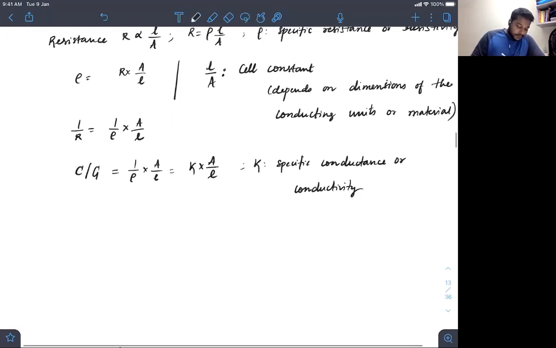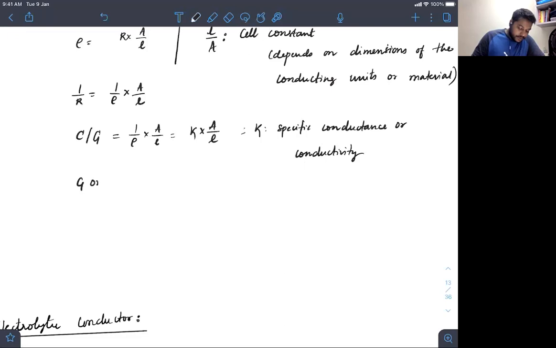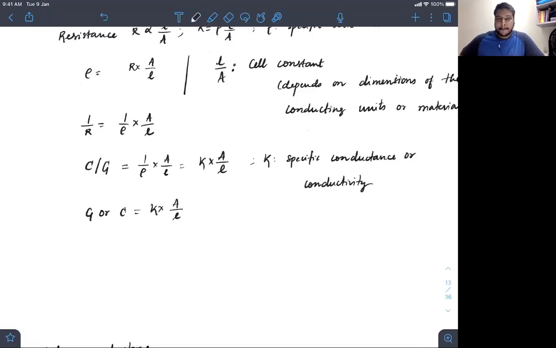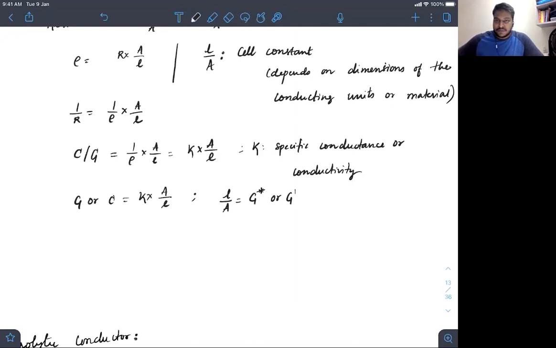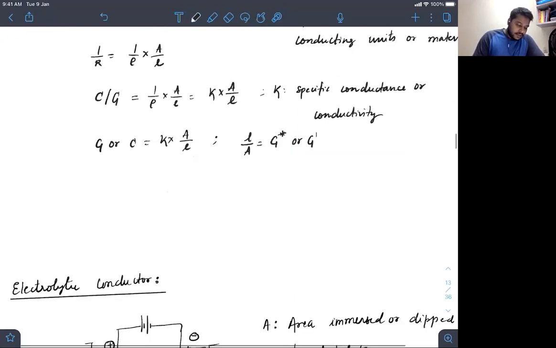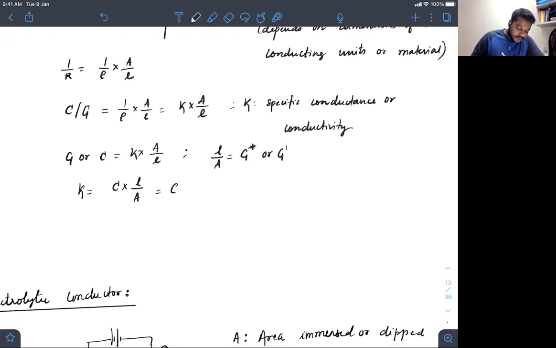So here G or C is defined as kappa into A by L. Now, cell constant L by A is normally represented as G star or G hash; you can take any of that. From here, we can define kappa as C into L by A, which is equal to C or G into G star.